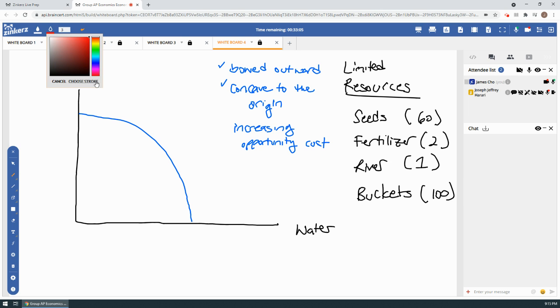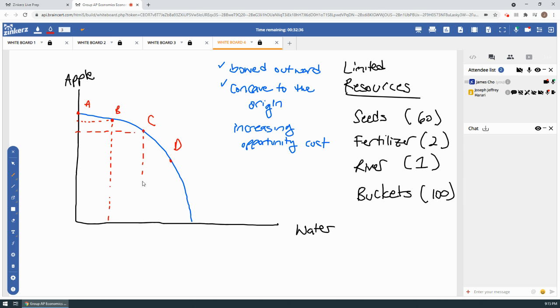So let's do kind of what we did before. Talk about different combinations of apples and water we're able to produce efficiently, meaning on my PPF curve. Okay, so let's say this is point A. Let's say this is point B. Let's say this is point C. Let's say this is point D. And the way that I wanted to draw this is I wanted to show equal increases in water.